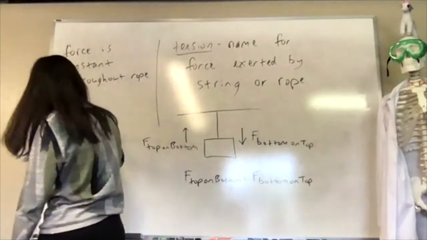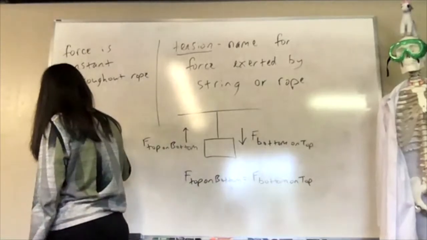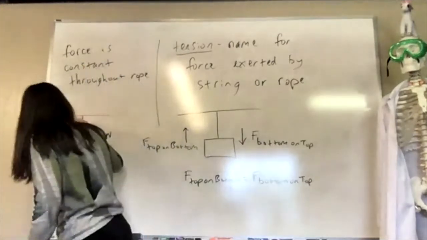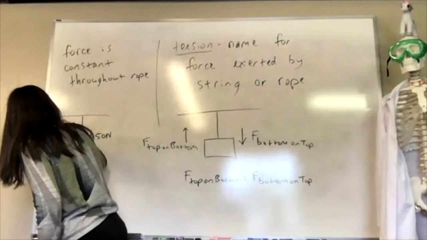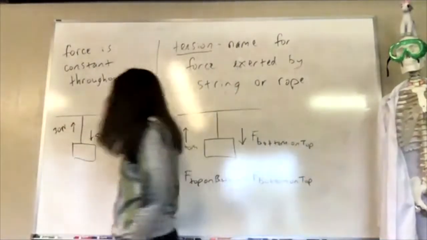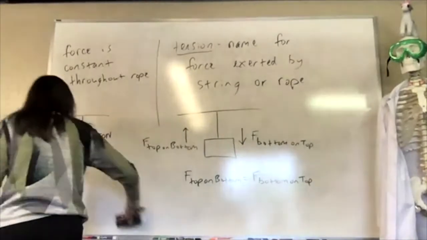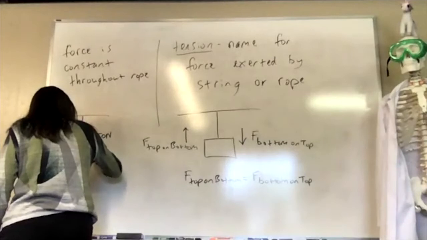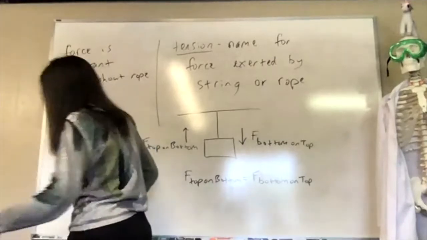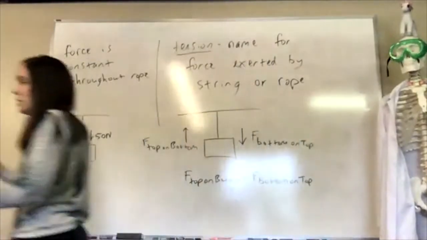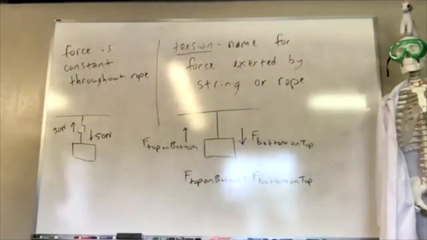Now, if instead you pull down with a force of, let's say, 50 newtons, and the rope only could pull upward with a force of, let's say, 30 newtons, in that case, you have unbalanced forces and the string breaks. Because now you have more force being pulled down, the rope can't exert the same force upward, and that's why ropes and strings break.